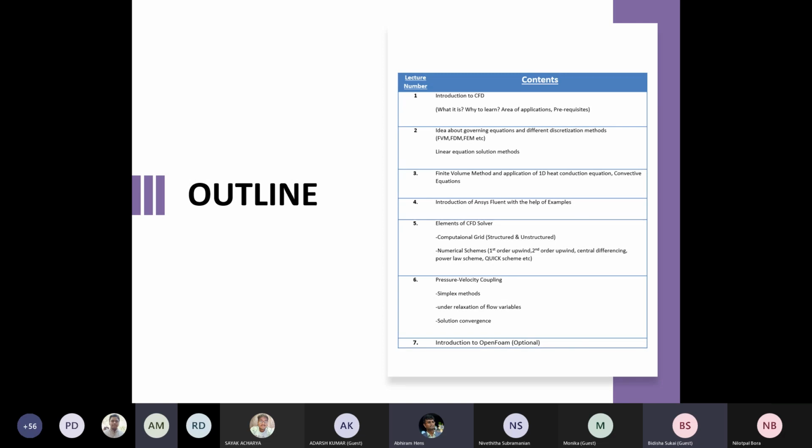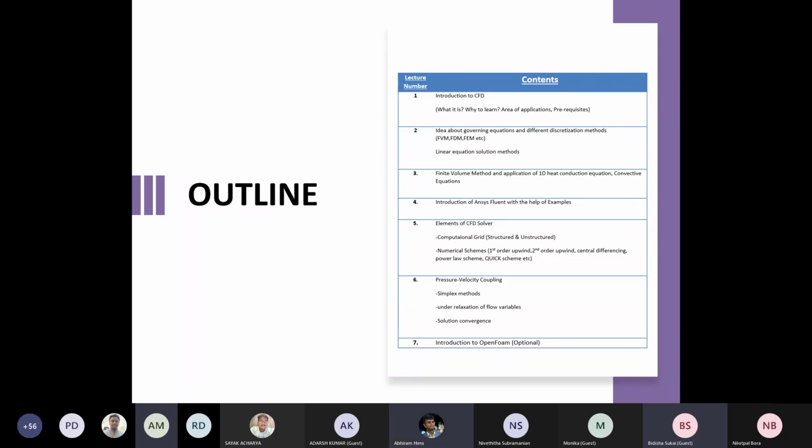The 7th lecture is basically an optional one. Here we will give some introduction to OpenFOAM, which is an open source code. Open source means it is freely available, and even the code can be accessed. In commercial solvers, you cannot get access to the code, but OpenFOAM is freely available.